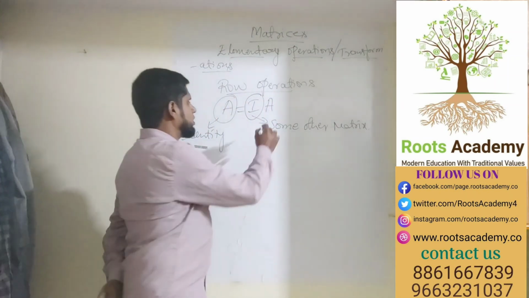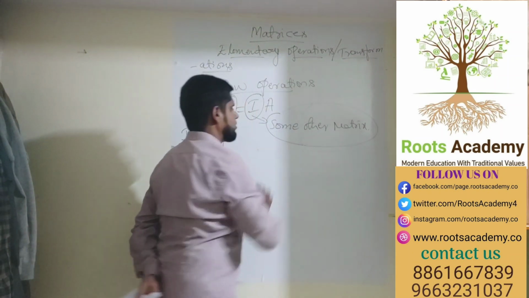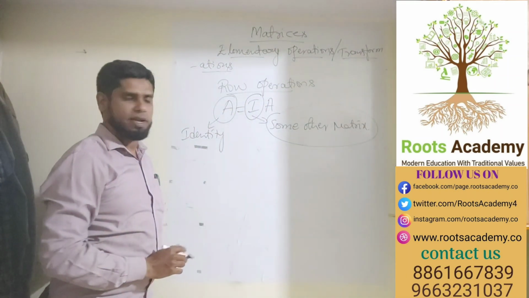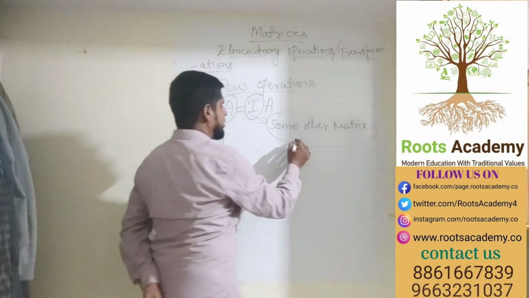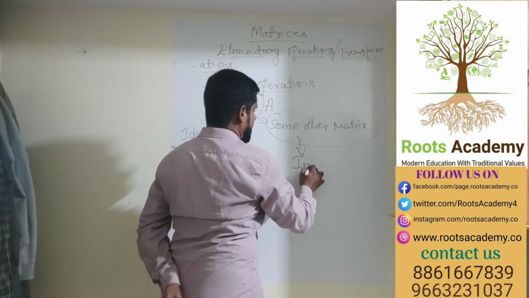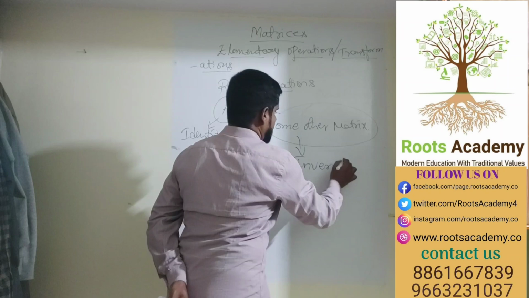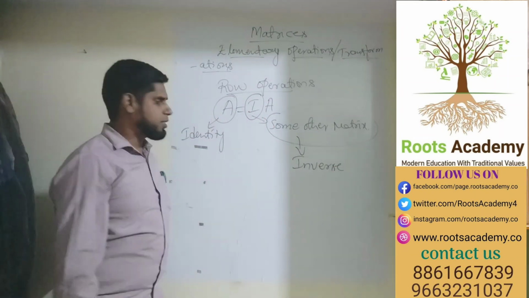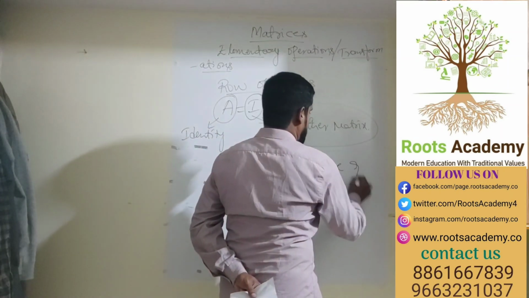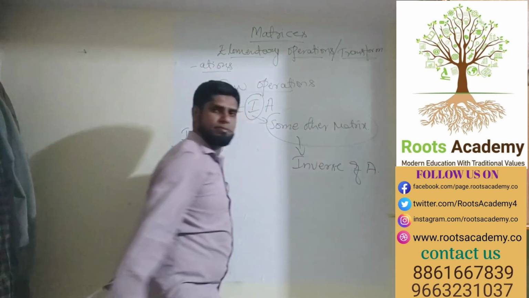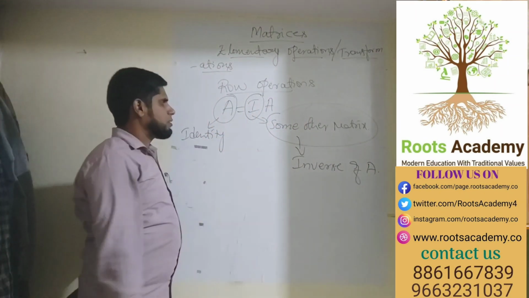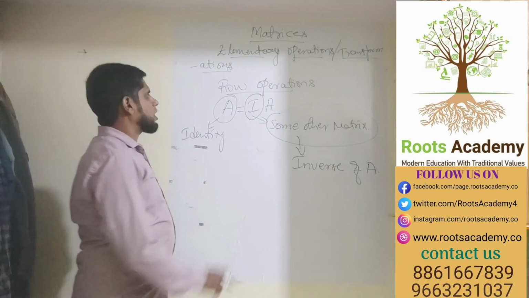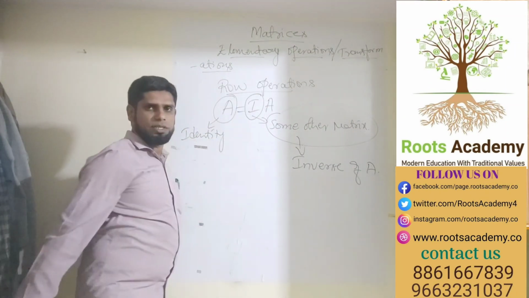Whatever new matrix we get here is called the inverse of the given matrix A. This is the concept we will use in row operations.